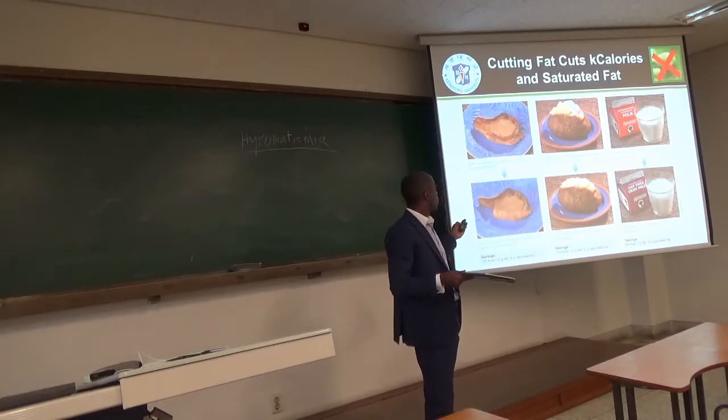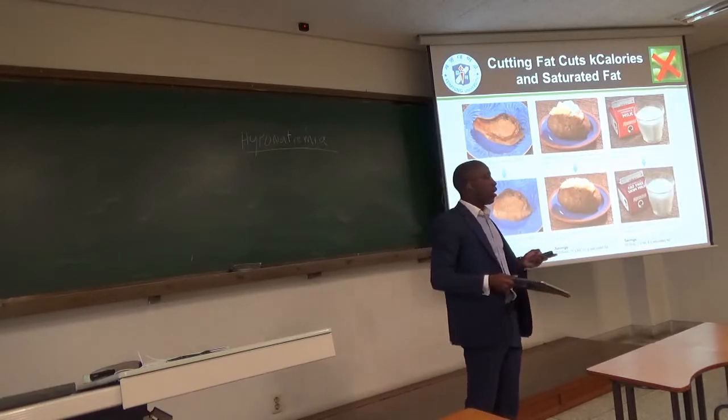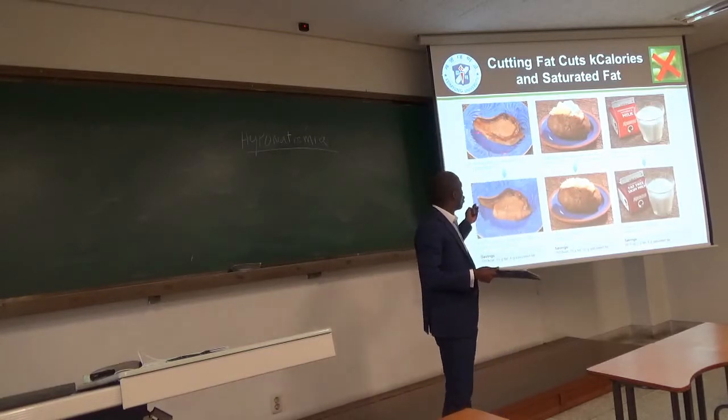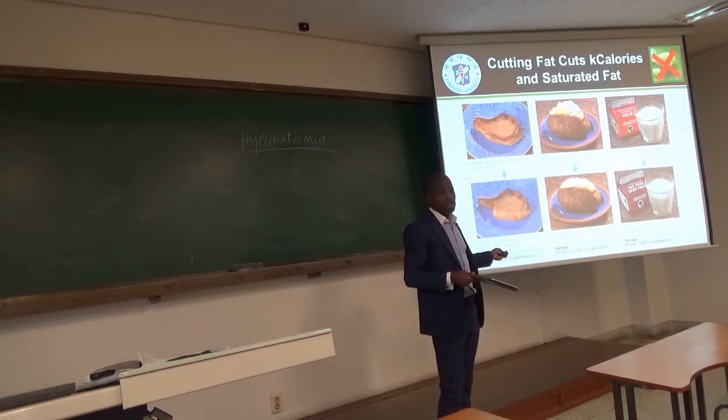This is the part that everybody says, the white part, called saturated fat, that everybody says is delicious. But if that part is removed, we will go from 340 kilocalorie to 230 kilocalorie.